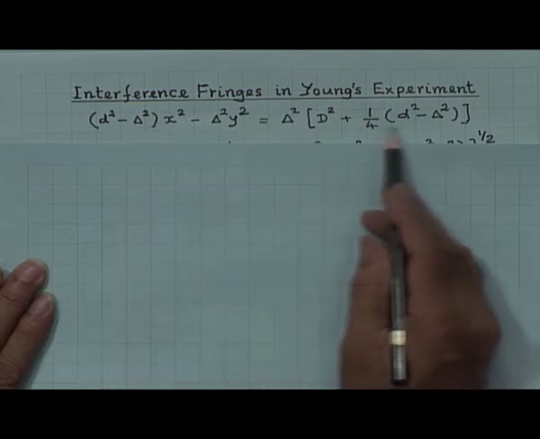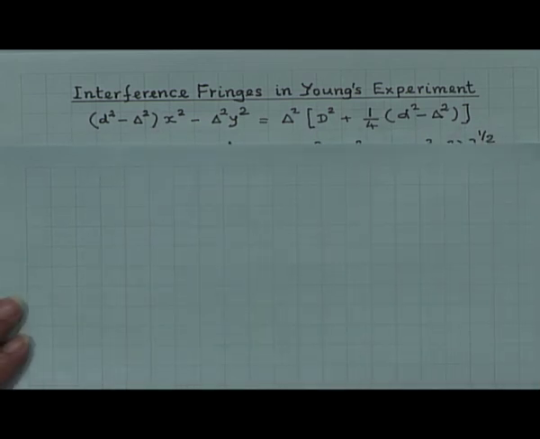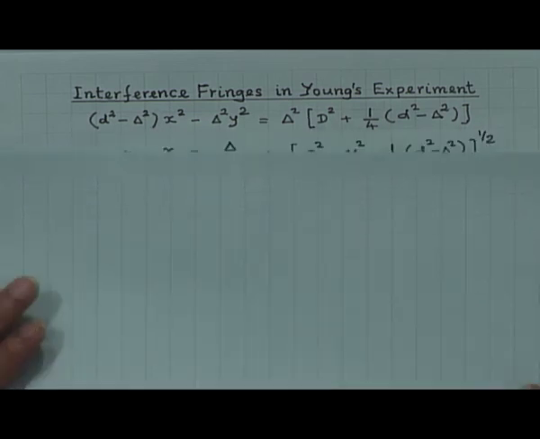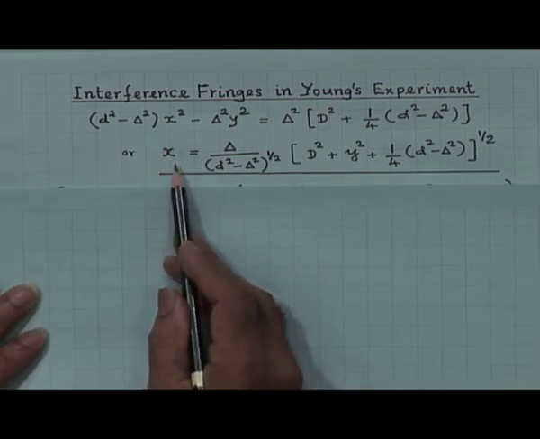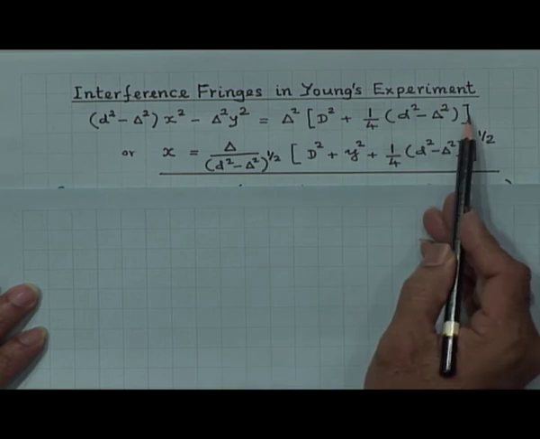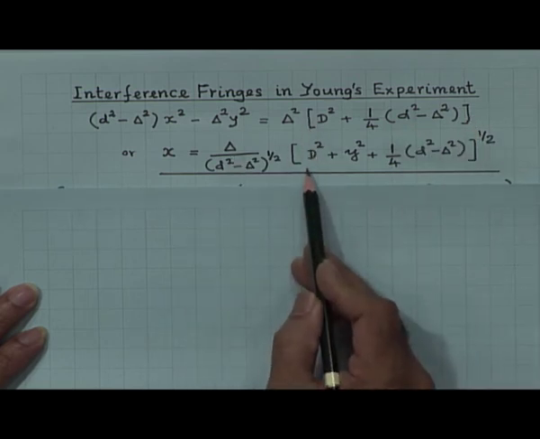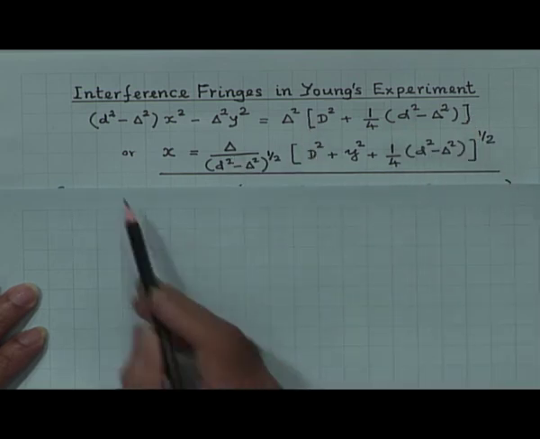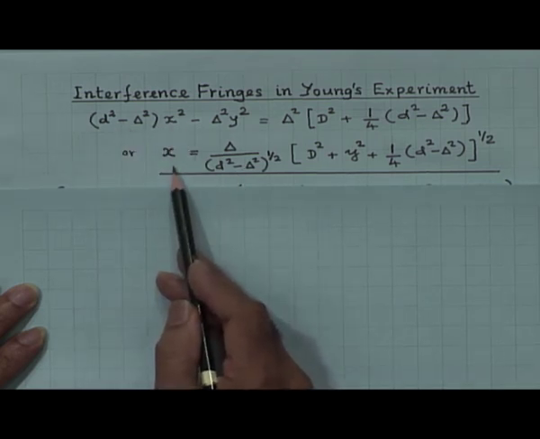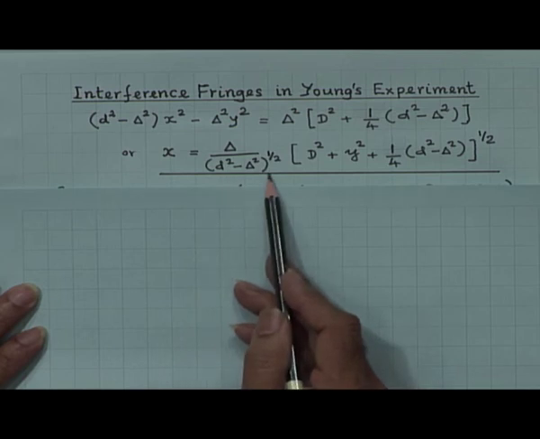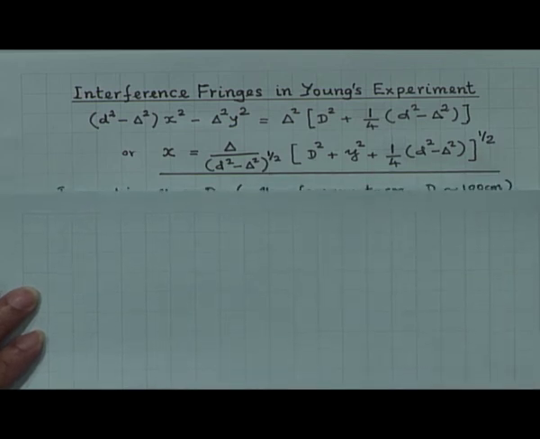So, this is the equation of the hyperbola, interference fringes in Young's experiment. Now, x is equal to, we take this to the other side, and then we will have delta square multiplied by this, and then divide by this and take the square root to get x is equal to delta divided by this into this.